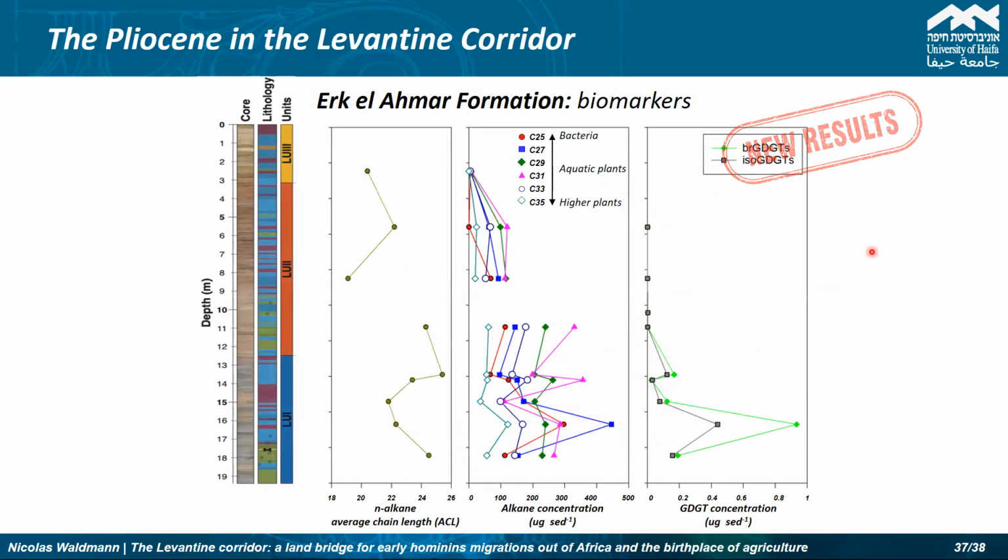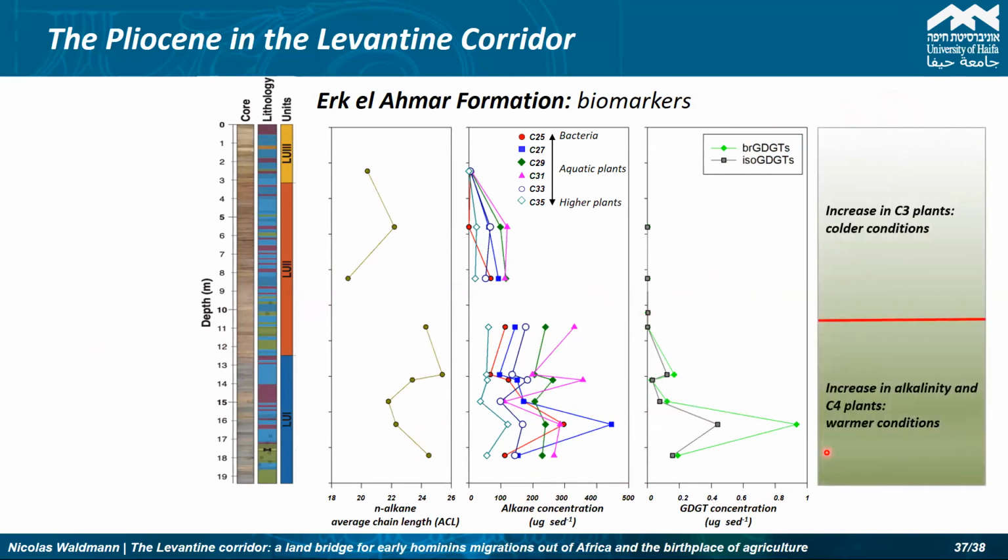But we also proceeded and did biomarker research, and this is again an initial study done by Dr. Isla Castañeda at the University of Massachusetts in the United States. Again, here we see something totally different between the lower part and the upper part, especially in the alkene concentration or the GDGT concentration.